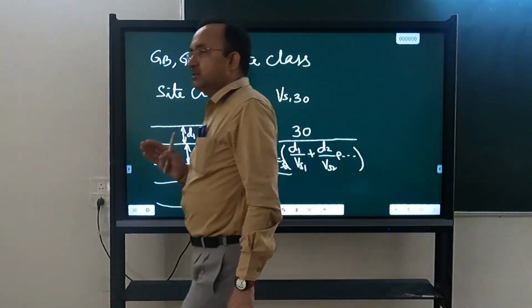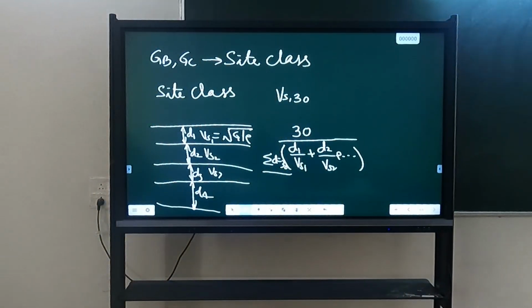Shear wave velocities are not generally available unless it is an important project where you are spending more money on investigation and cross borehole work is done. If it is a major bridge, let us say a cable stayed bridge, then perhaps they will go for cross borehole test. But for most normal structures, they will go for SPT only.